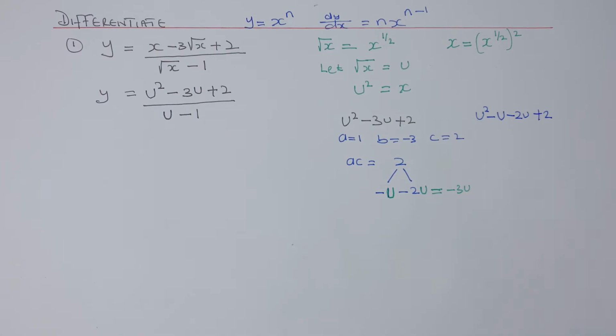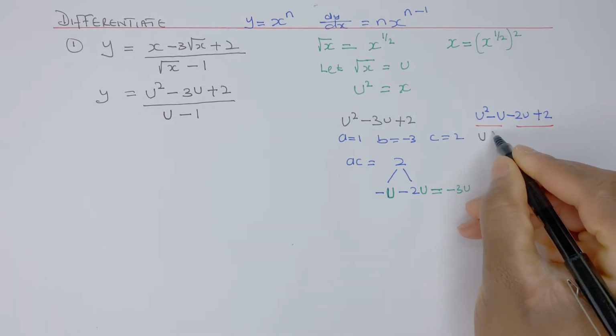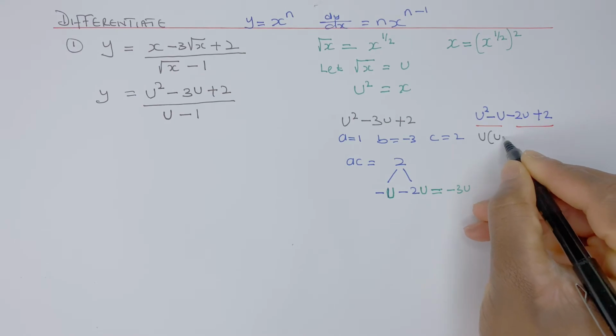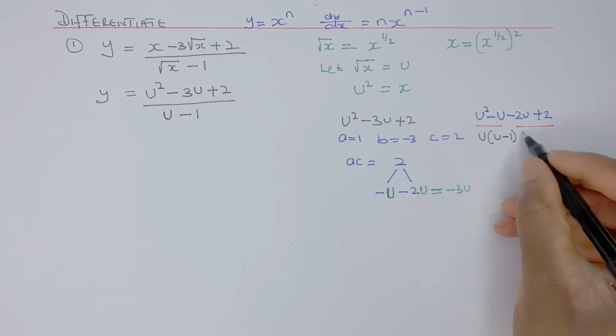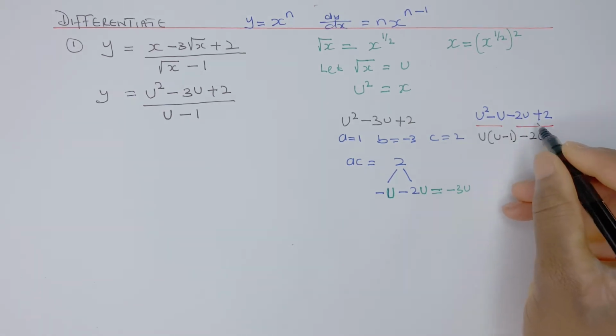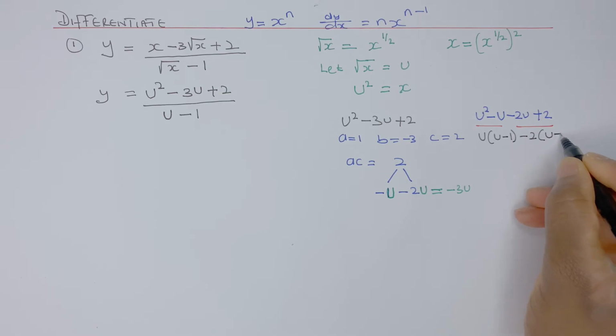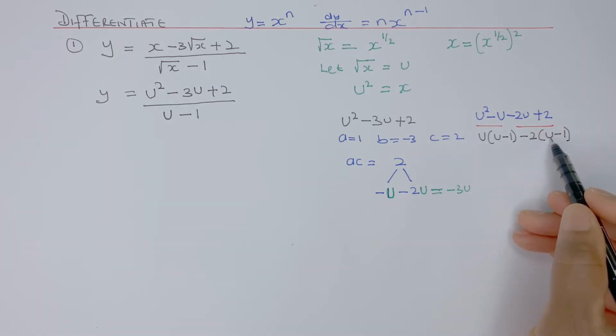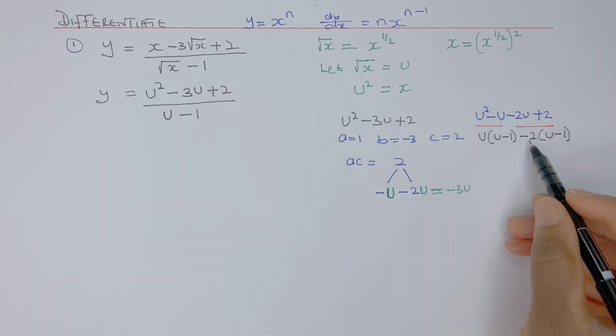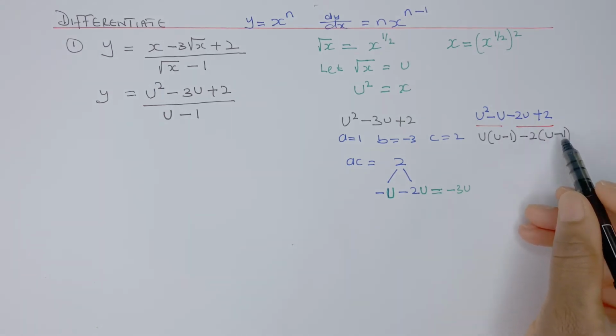You can see there's a common factor here and a common factor here. The factor here is u, so if I take u out, I get u minus 1. I need to take minus 2 out from here, because that's minus 2 there, so I'll get u minus 1. Because minus 2 times u is minus 2u, and minus 2 times minus 1 is plus 2.